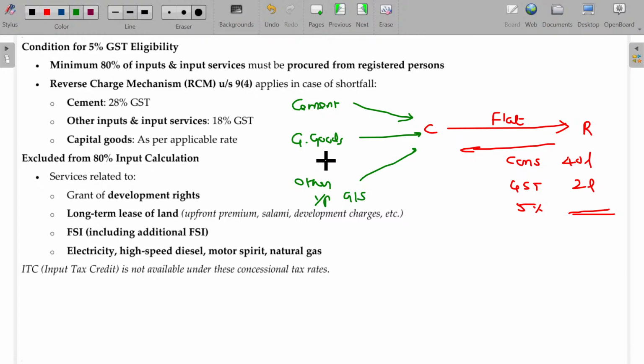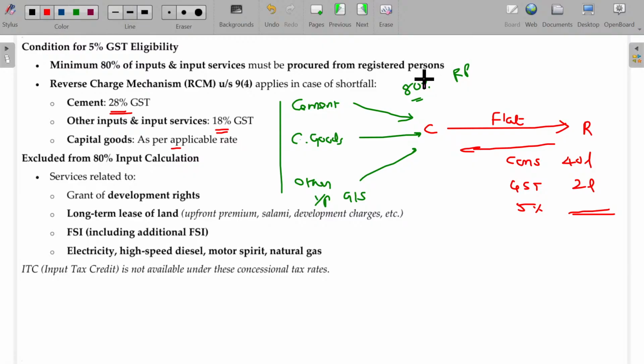Now, at least 80% of these you need to procure from a registered person by paying the GST. Cement, capital goods, other input goods and input services should be purchased from registered persons only, at least 80%. 20% can be unbilled also. Usually GST on cement is 28% and other inputs and input services 18%, capital goods as per the applicable rate.